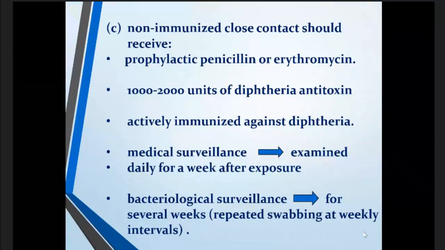Of course, medical surveillance, that is examining daily for a week after exposure for any evidence of the disease. Bacteriological surveillance also, to have a swab every week for several weeks after exposure. So we have 2 types of surveillance or looking for the disease among contacts, either medical or bacteriological.